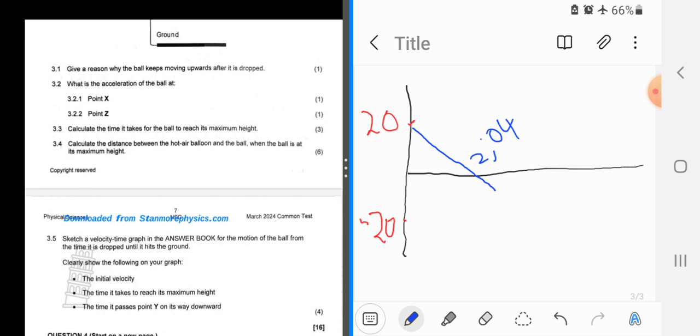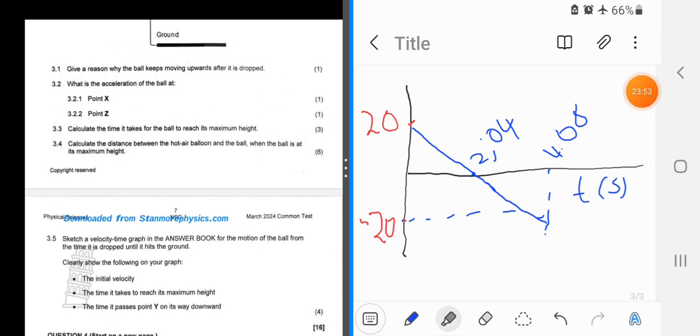And then at this point, from there, they will have 4.08 time in seconds.